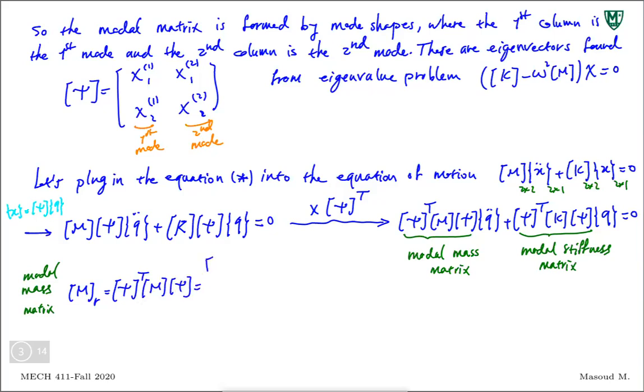If you do that multiplication, that's the beauty of the modal matrix. It always gives you a matrix with diagonal elements, off diagonal elements of 0, 0, and M11 bar and M22 bar on the diagonal. So M11 bar and M22 bar are modal masses.